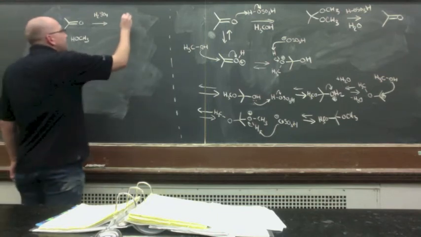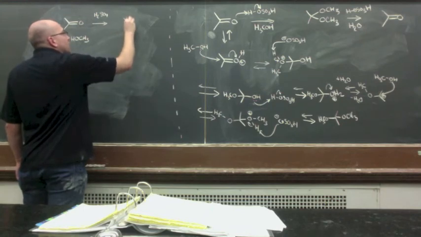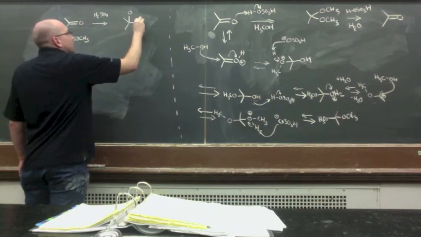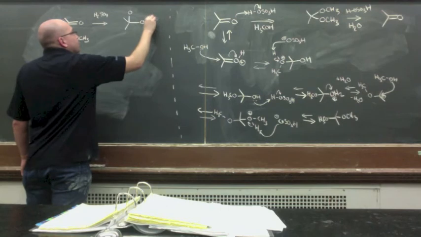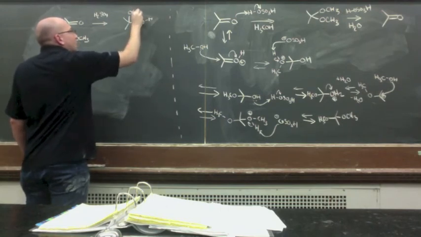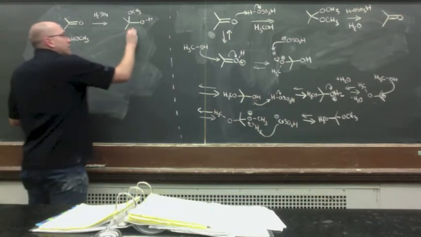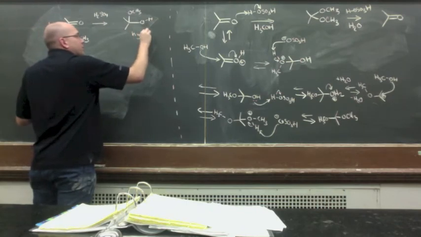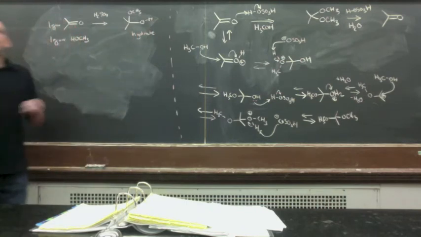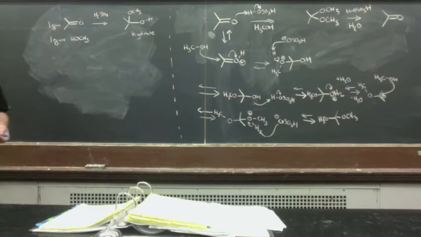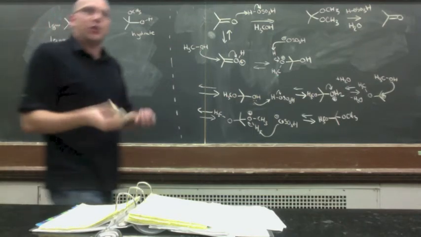In the case of a ketone, you would imagine getting to this molecule here, which is called a hydrate, right? And I just want to make one point. This kind of goes back to the enol keto tautomers, right?